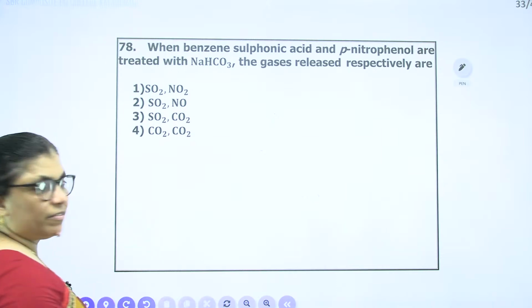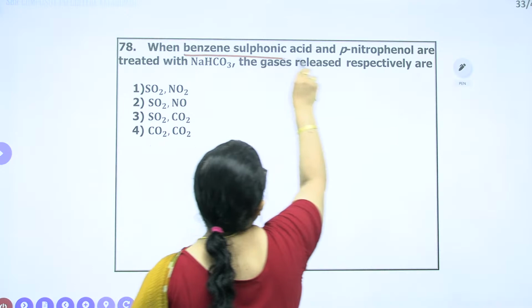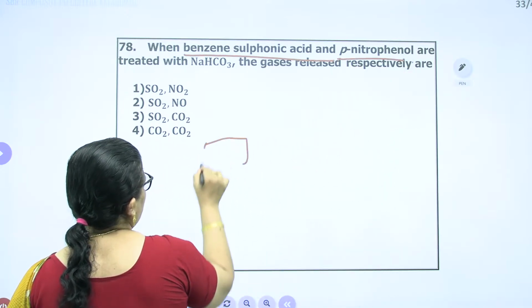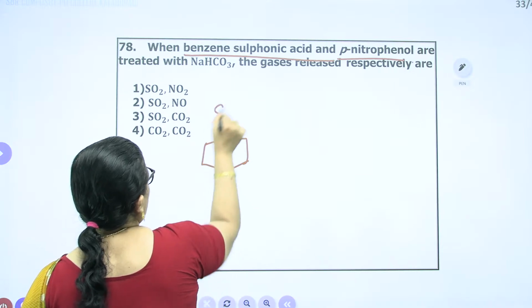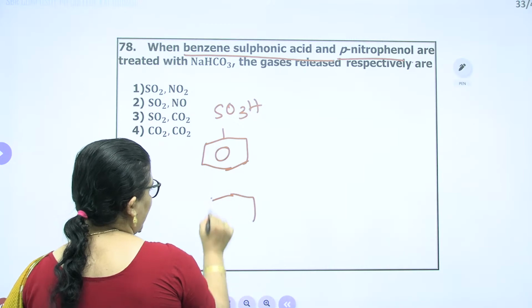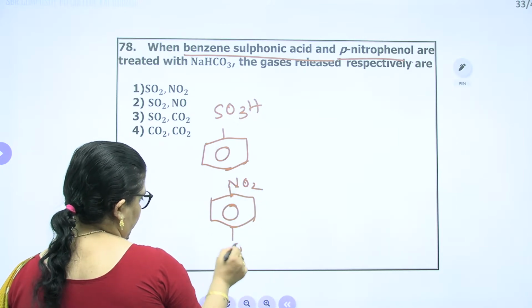78. Benzene sulfonic acid and para-nitrophenol. Benzene sulfonic acid is C6H5SO3H, and para-nitrophenol has NO2 and OH groups.